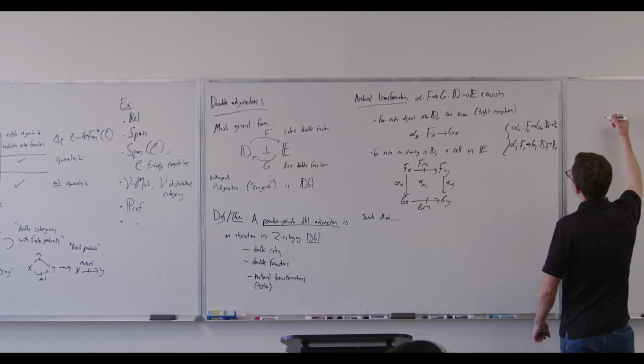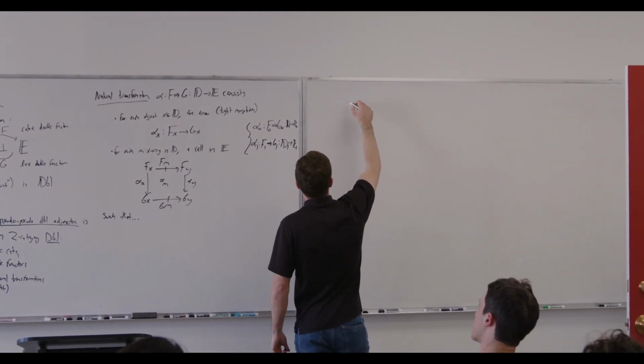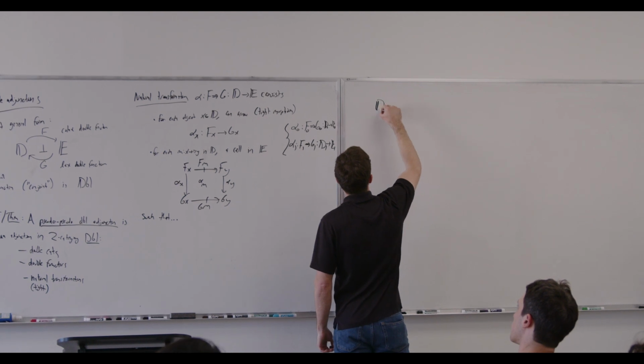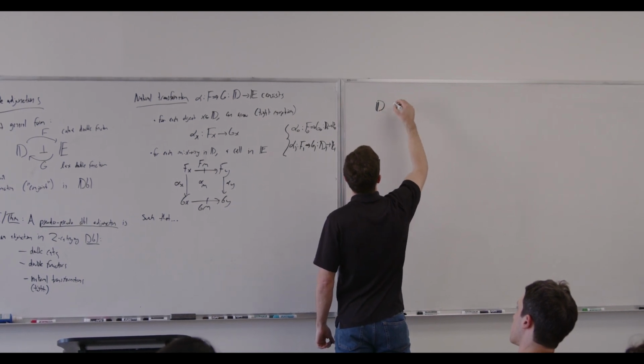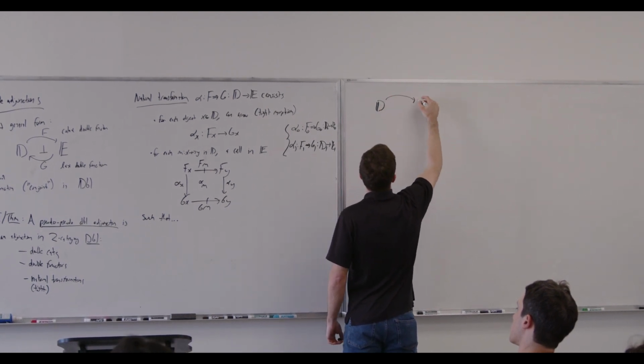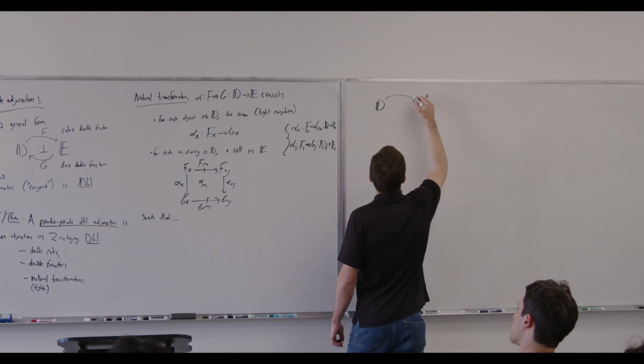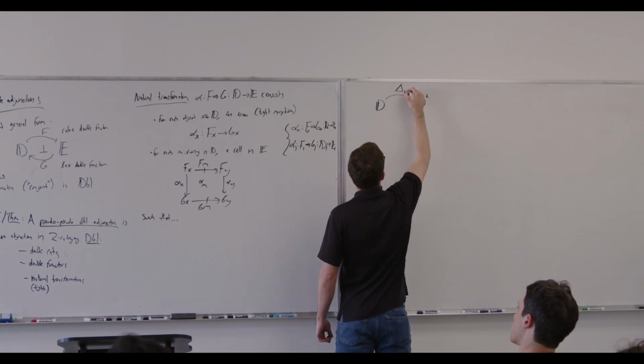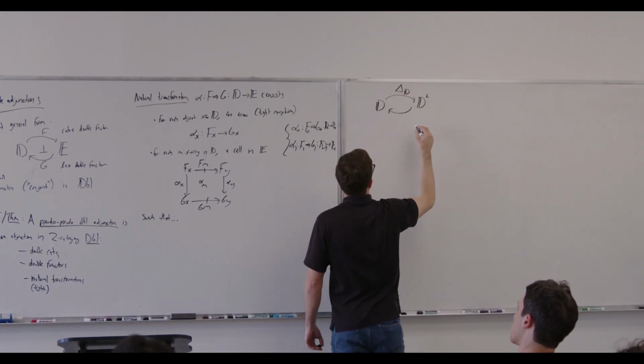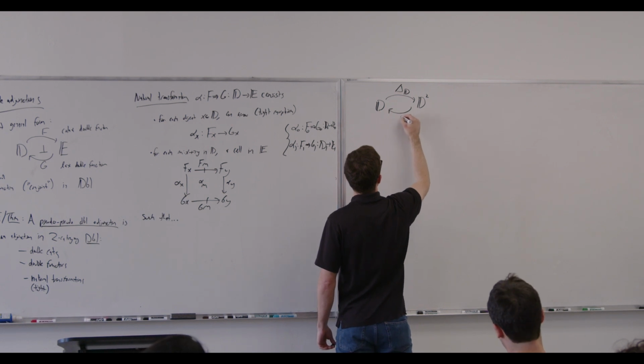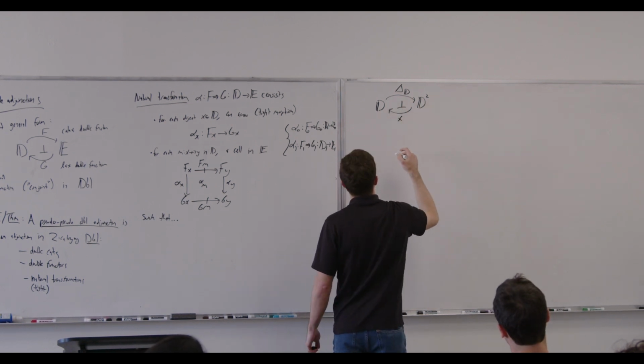We're going to end up defining binary products in a double category as right adjoints to the diagonal.